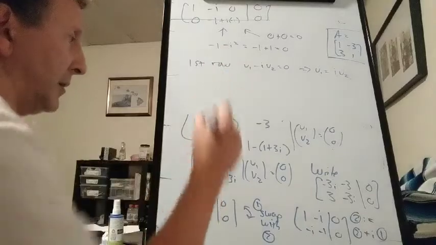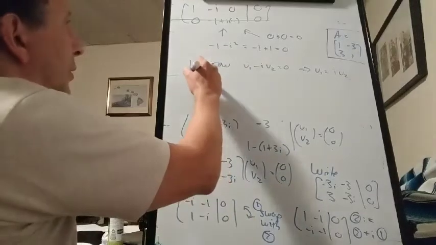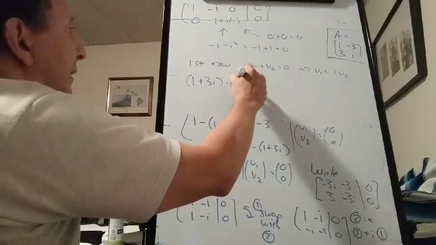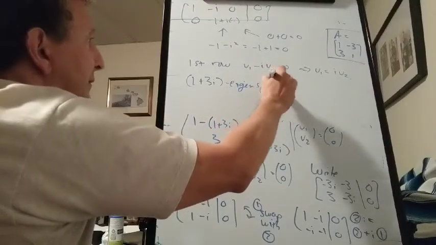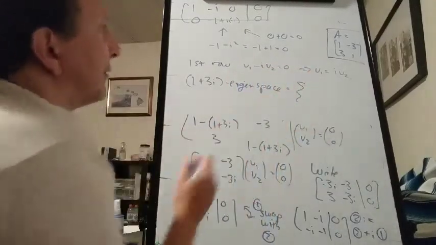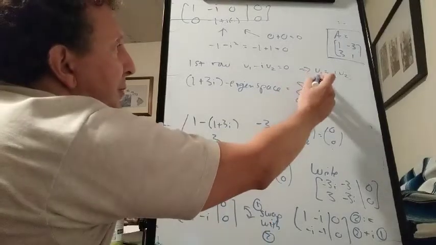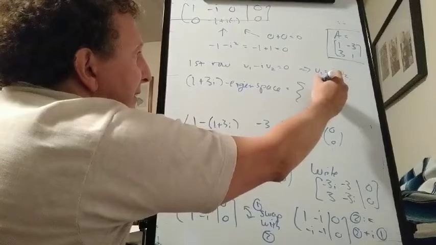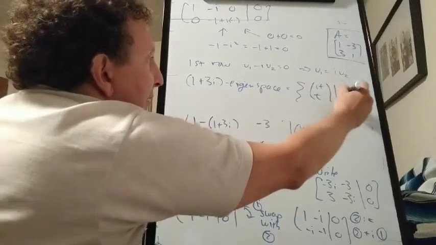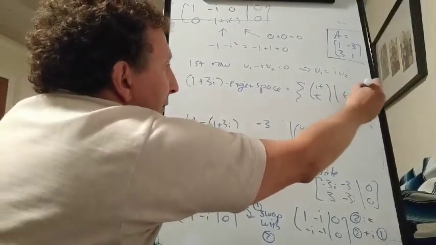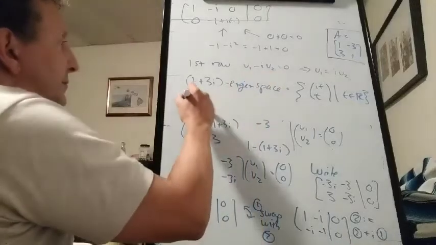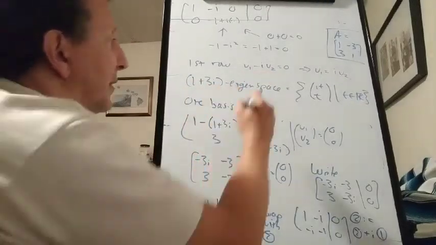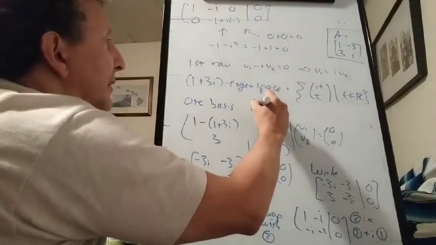So the 1 plus 3i eigenspace is all the vectors of the form where the first component equals i times the second component. So it and t, where t is any real number. And one basis is, well, if we let t be 1, i, 1.